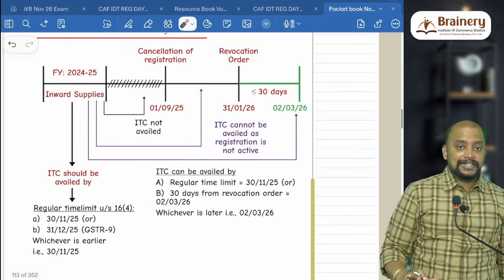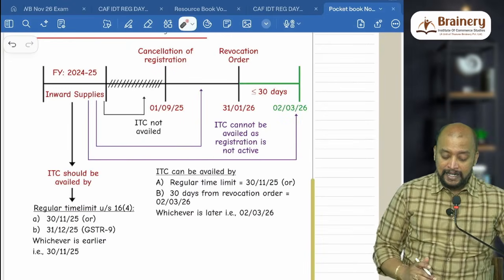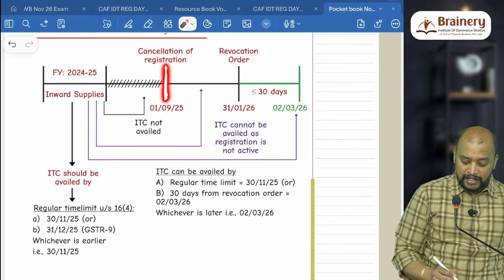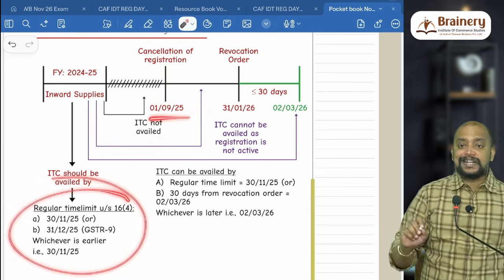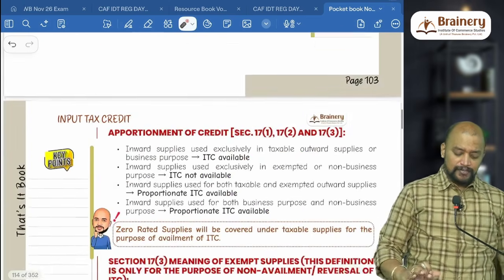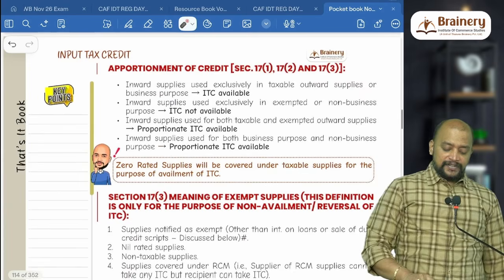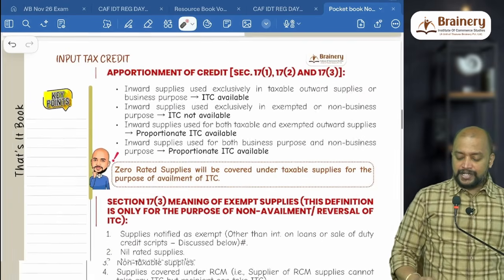They can avail the ITC, and the condition is also fulfilled. That is, as on the date of cancellation, the regular time limit for availment of ITC is not expired. Then next, section 17, apportionment of credit.